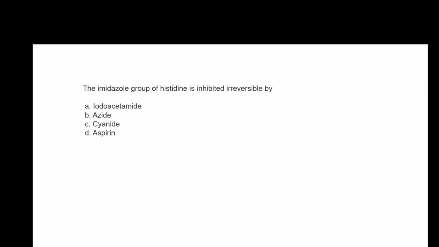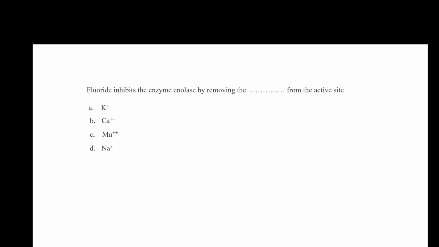Next question: the imidazole group of histidine is inhibited irreversibly by iodoacetamide. Then we have fluoride, which inhibits the enzyme enolase by removing ions from the active site. Which ions? As we've told, magnesium ion and manganese ion. So manganese ion will be the correct option here.